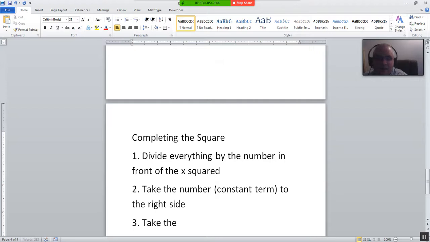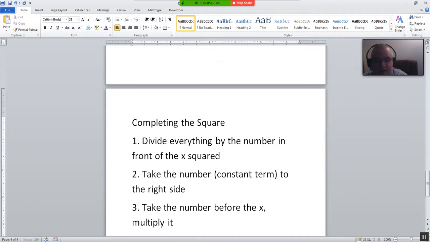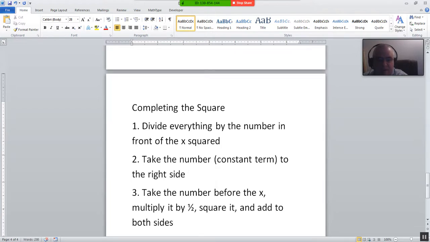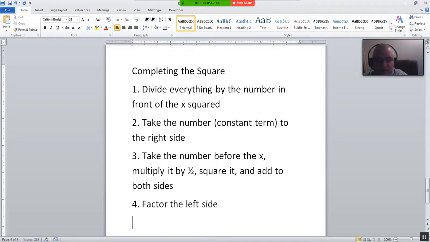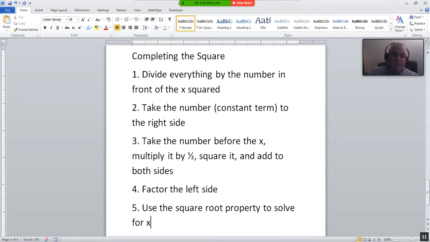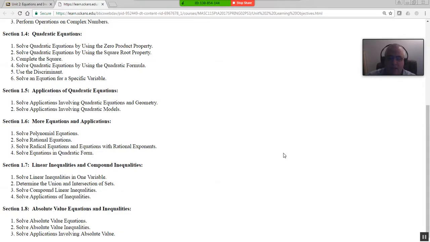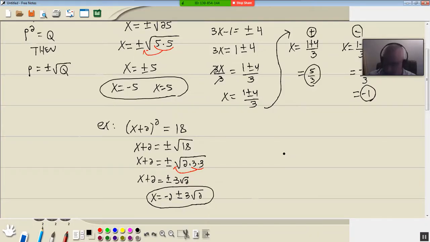Step 3: take the number before the x, the coefficient, multiply it by 1/2, square it, and add to both sides. Step 4: back to the left side, factor it. And step 5: use the square root property to solve for x. Okay, let me clean this off.